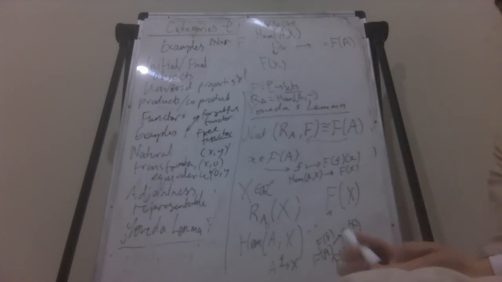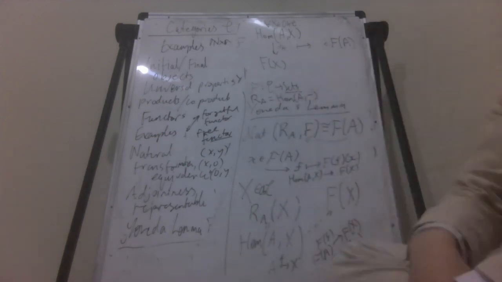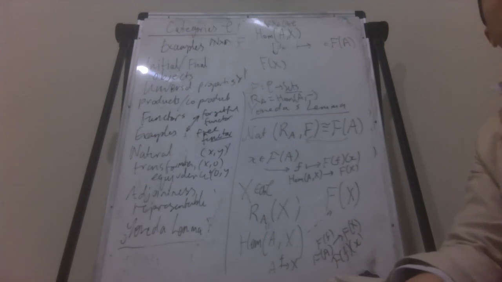Okay. So if you think about it, there's not really many things you can do, okay? So one thing you can do is you can specialize X to be A, yeah? Like if you think about it, right? If this proof works for any category C, right?